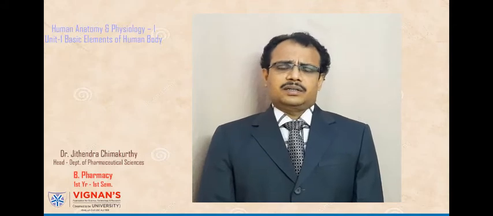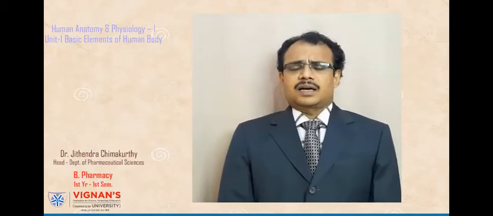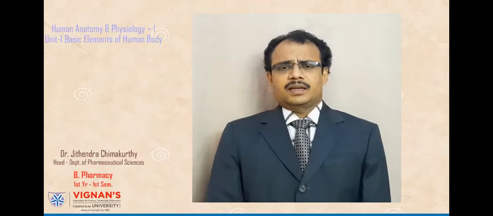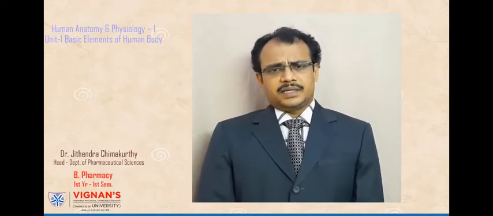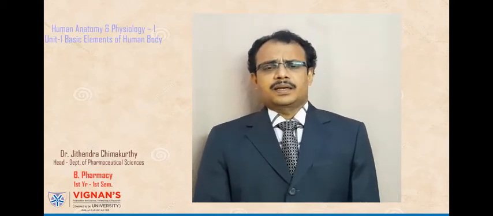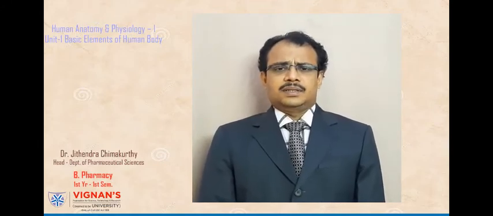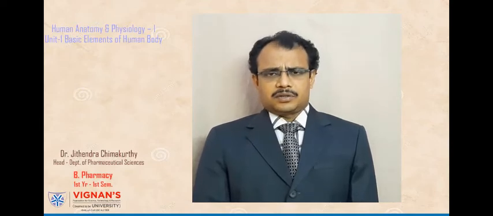For example, you will be studying human anatomy and physiology under various headings such as cardiovascular system, digestive system, respiratory system, lymphatic system, nervous system, skeletal system, muscular system, reproductive system, sensory organs.